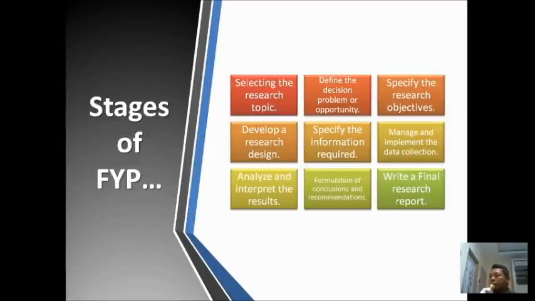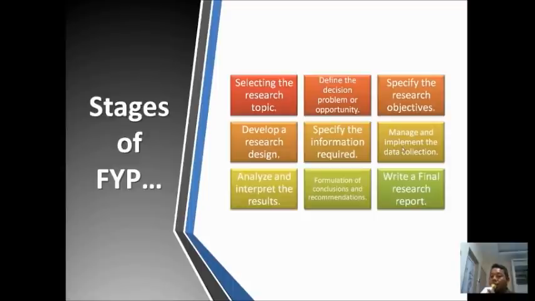Following the information required is to manage and implement the data collection. Once you already know what information is required to meet the objective, of course you want to conduct an experiment, and from the experiment you will get a lot of data, so you have to manage and also implement the data collection.